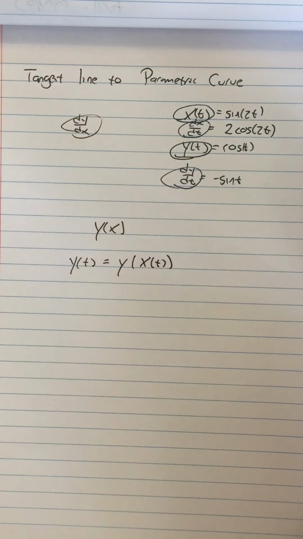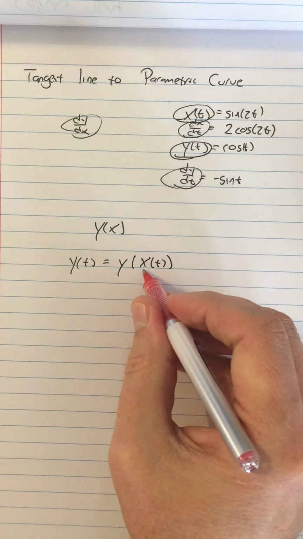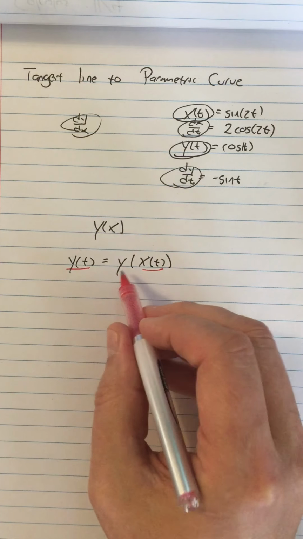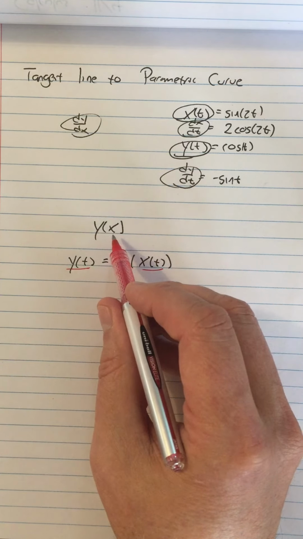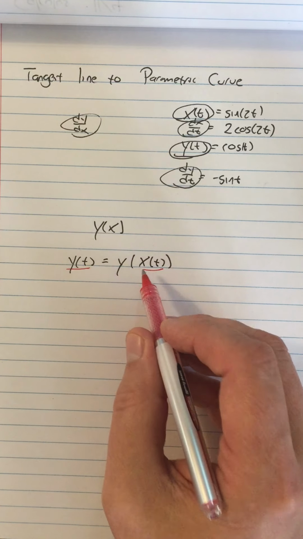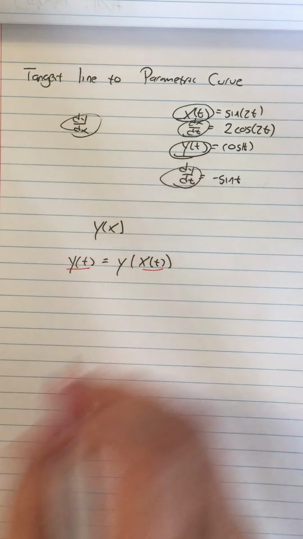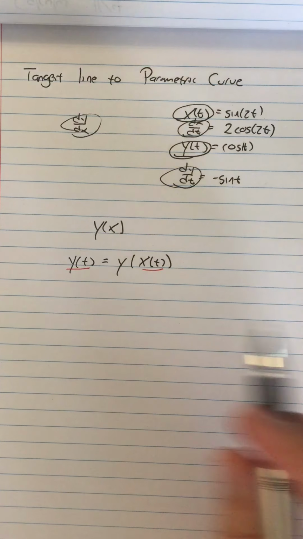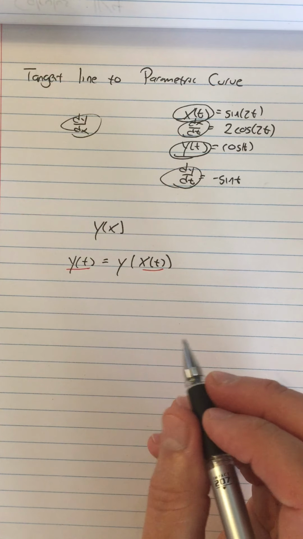So I know what x is in terms of t, and I know what y is in terms of t. So if I want to think of y in terms of x, I think of y in terms of x in terms of t. And that's where you can see that what you are really looking at here is a chain rule. And so that's the approach to getting what dy/dx really is.